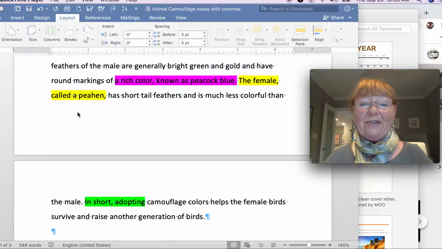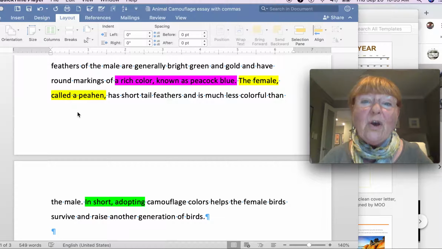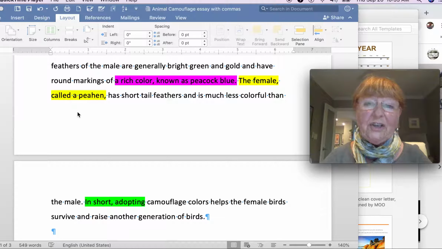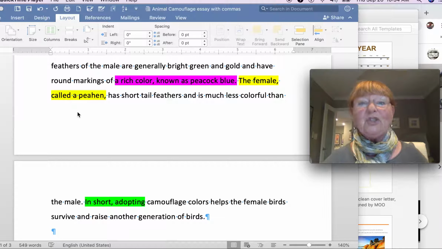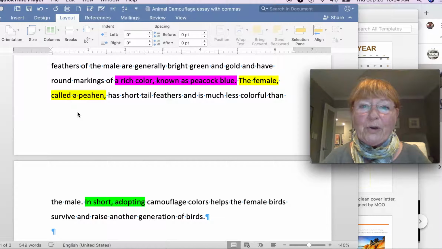So here's another in pink. It says, round markings of a rich color, comma, known as peacock blue. That's another example of which is known as peacock blue, but you take away the relative pronoun which and the verb to be, and what you have left is a shortened version, or reduced clause, they call it in many grammar books, and you put a comma in front of it.